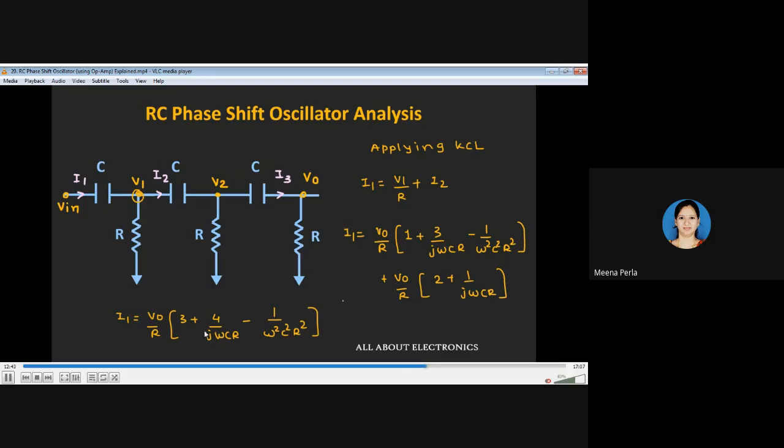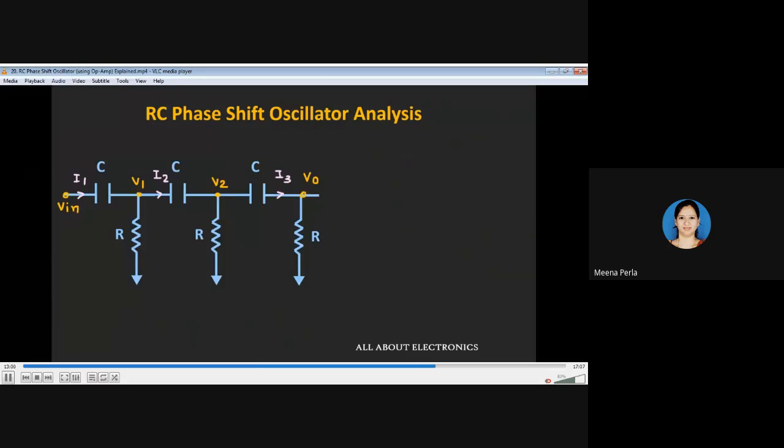So here we got the four expressions of V2, I2, V1 and I1 in terms of output voltage V0. The only expression that remains is the relationship between the input voltage and output voltage. So now let us write Vin in terms of I1 and V1.